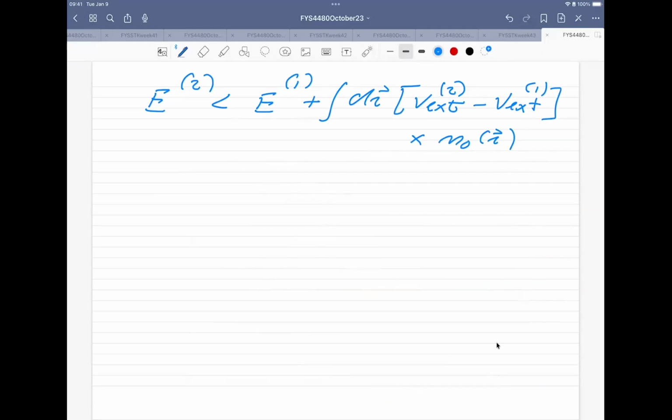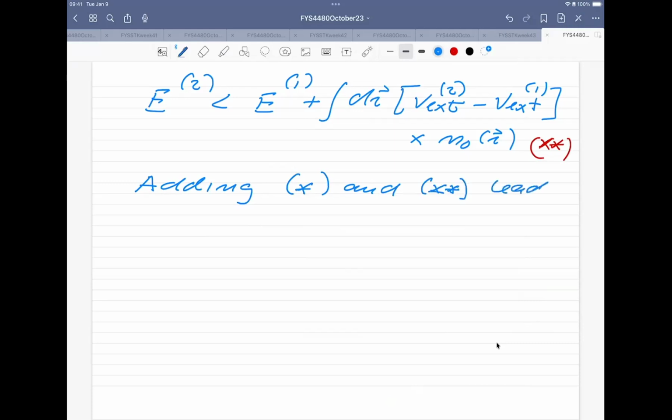So if I add these two equations, so let's give that a label. So adding 1 and 2 leads to a contradiction.